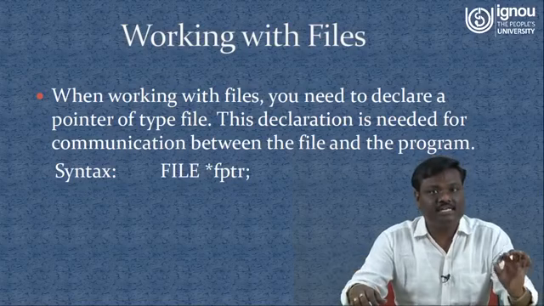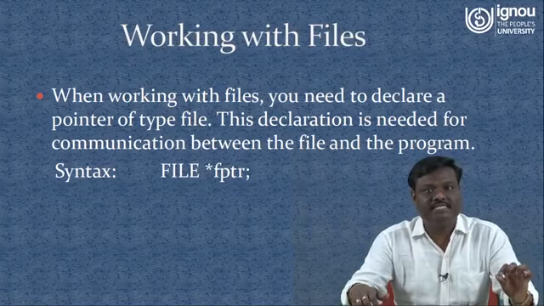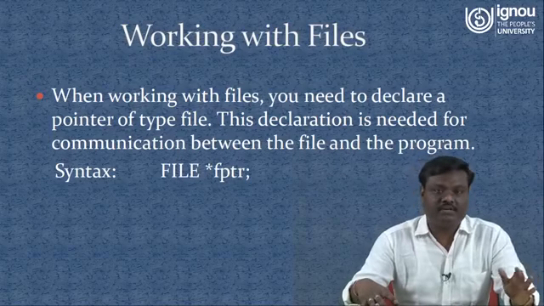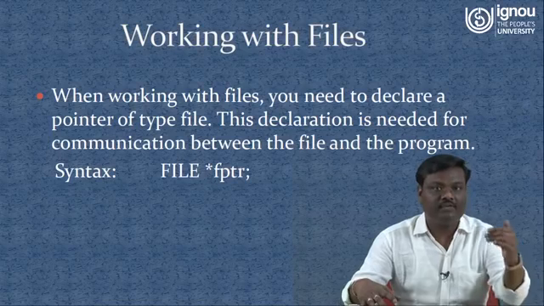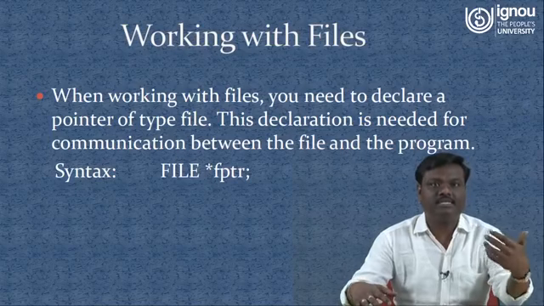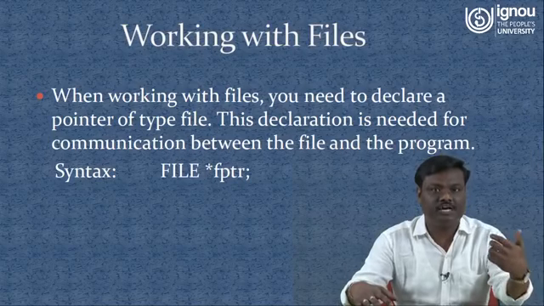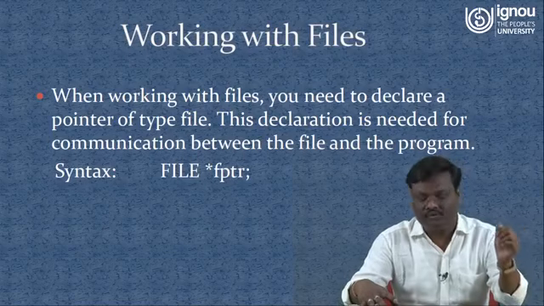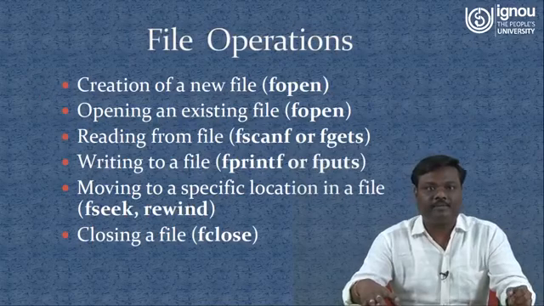So this declaration, you must understand, is needed for communication between the file and the program. So this is a must. In the declaration part, whenever you declare the variables, whenever you declare the structures, whenever you declare the functions, then itself the first part you have to declare the files whenever you want to use them during your course of programming.